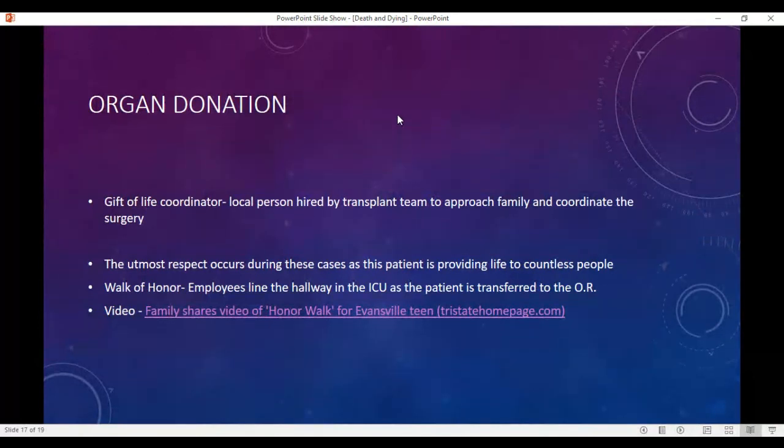And they tell you where those organs went and about the patient that received them. So for example, Mr. Jones's kidney went into a 55-year-old father of 4 who loves to hike and play baseball. It creates a complete circle, that the emotions you went through for that organ retrieval had a happy ending. That patient who gave up their organs saved the lives of numerous people.